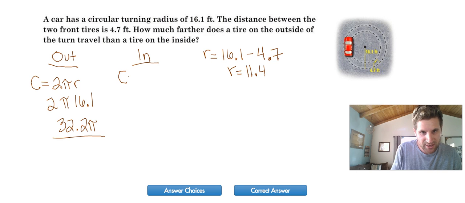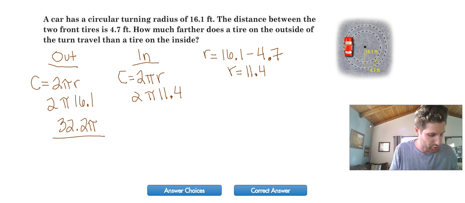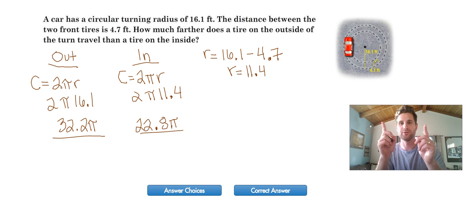So we get C equals 2 pi r. And we're going to get 11.4 for the radius, and multiply that number by 2. And we should get 22.8 pi. Okay, so that's the difference of the two different ones.